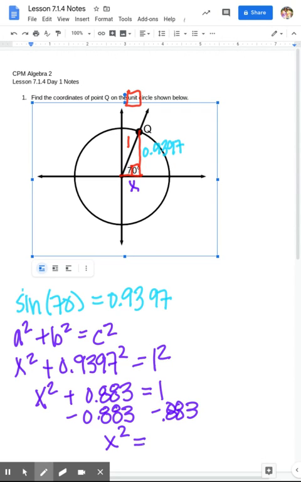So we have x squared equals 0.117. And then to get our x by itself, we're going to square root both sides, which gives us x is about 0.342.